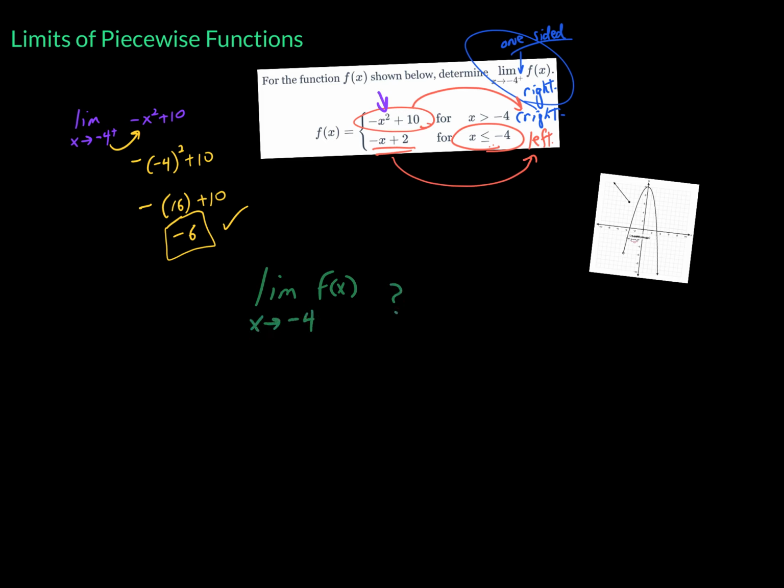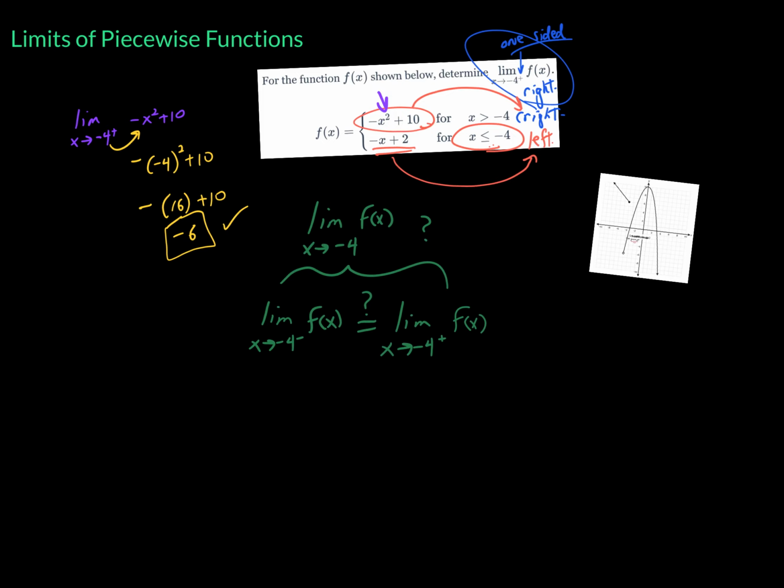That's our question. For this to exist, we must see, does the limit of our function as x approaches negative 4 from the left equal the same thing? I'm going to put a question mark. We don't know yet. Does that equal the limit of f of x as x approaches negative 4 from the right side? Let's see.